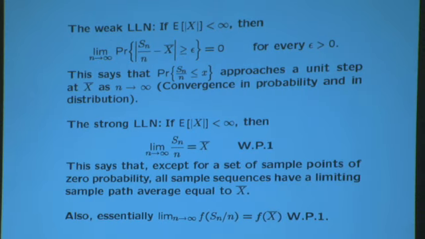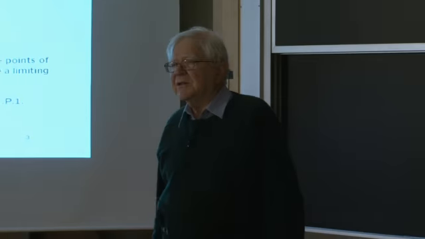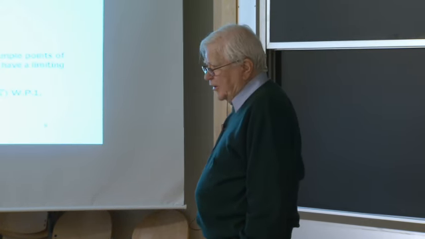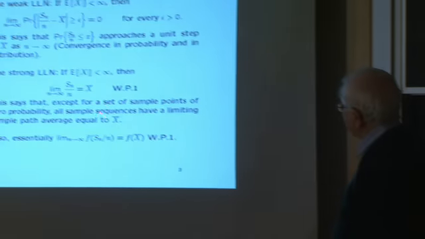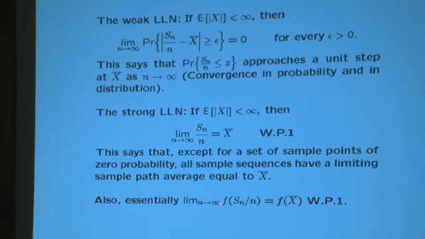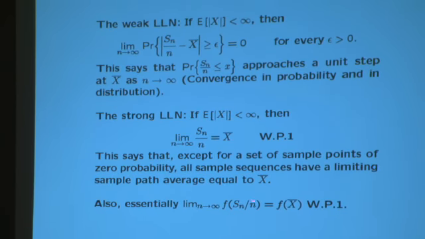That doesn't seem like it's very different or very important for the time being, but when we started studying renewal processes, which is where we actually talked about this, we saw that it lets us say that if you take any function of Sn over n, in other words, a real valued function of a real value, what you get is that same function applied to the mean.